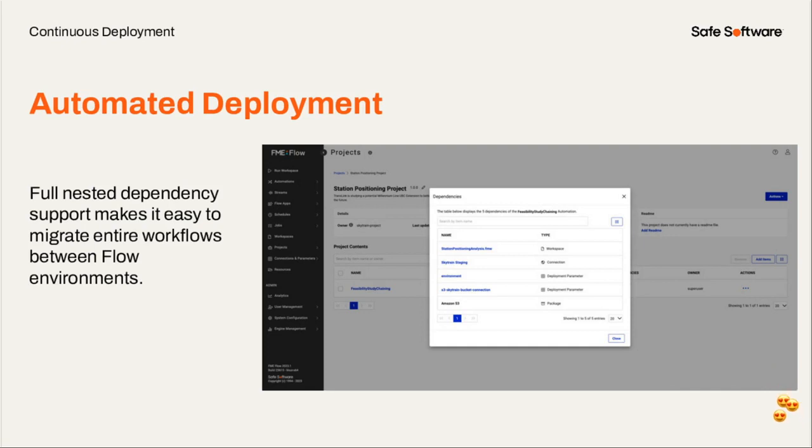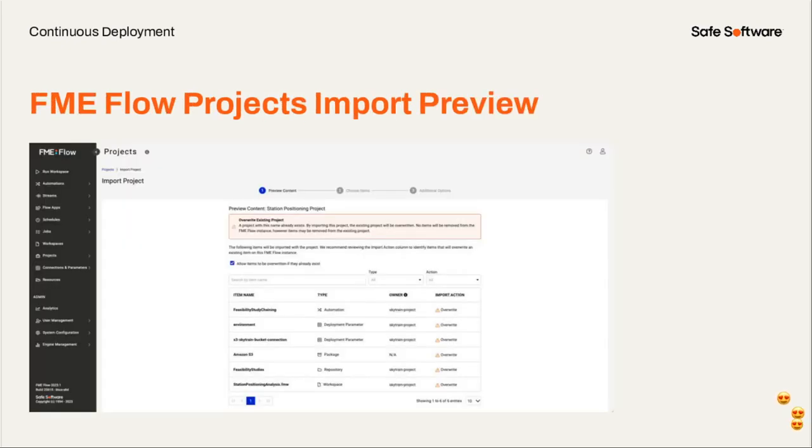And then as the users work on the automations and maybe add more workspaces or delete a workspace or add reliance on an S3 connection, the project will automatically update. The user doesn't have to go in and add things. So you can set the project up once and script against moving that project. This is a really key part of the DevOps story, and we'll see this in the demo shortly.